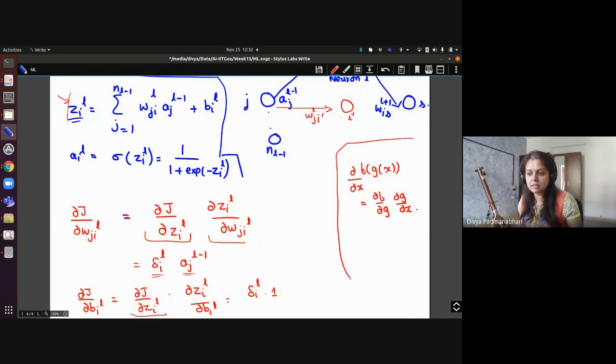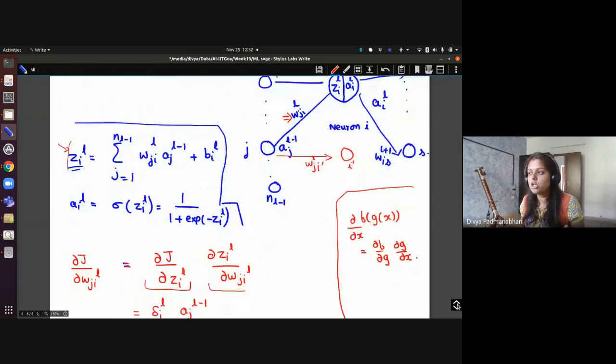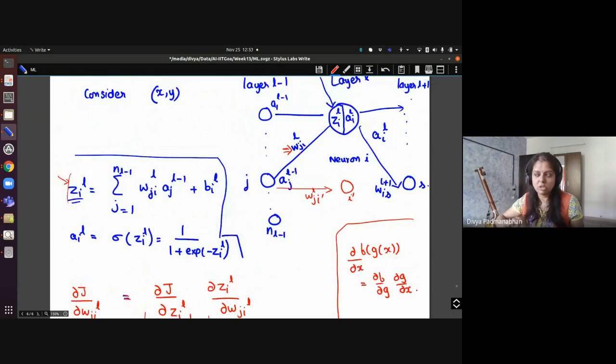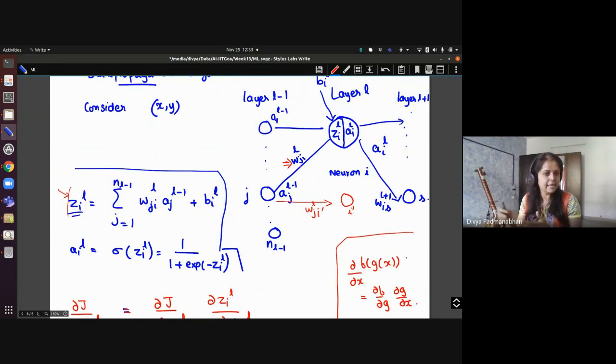Since there is a requirement to compute AJL minus 1 from the previous layer, to compute WLs, you need something from the previous layer. What you do is you first traverse the entire network, store the Zs and As, and you go all the way till the end. Okay, and then starting from the last layer, L plus 1, you come backwards.